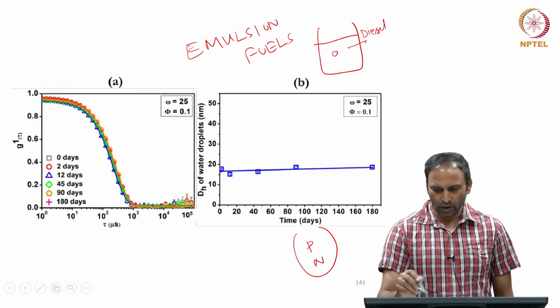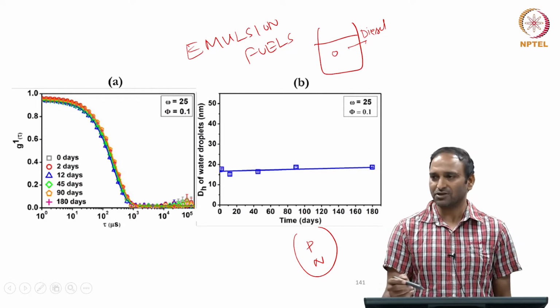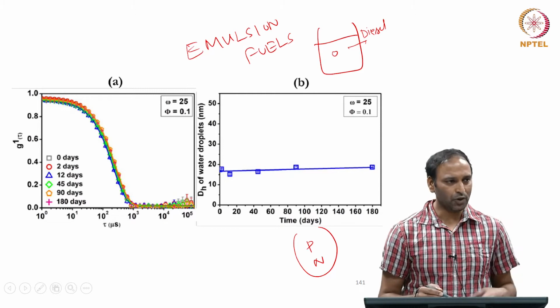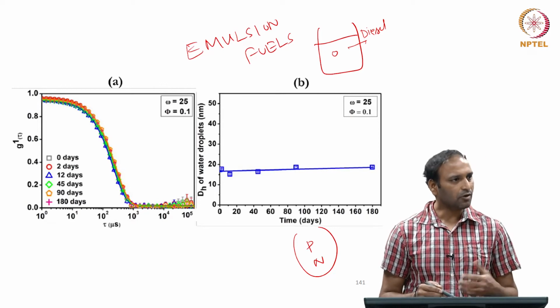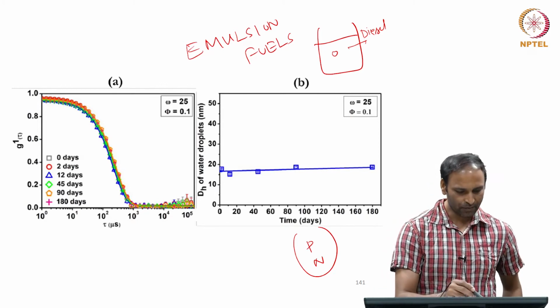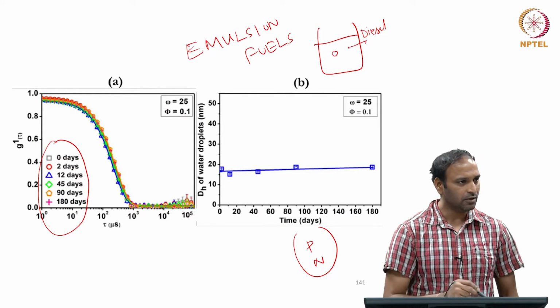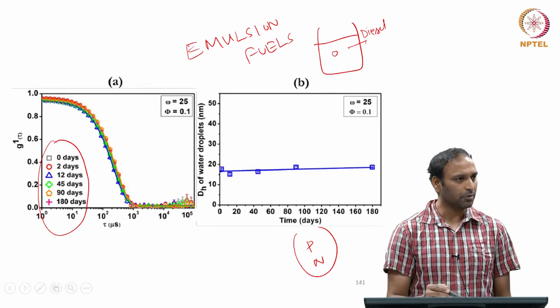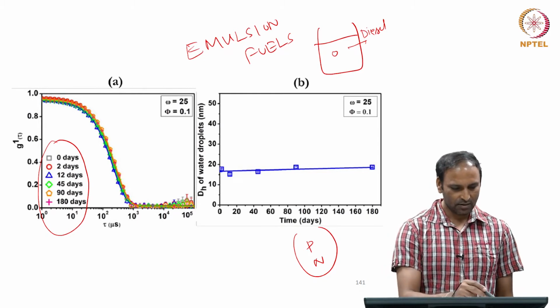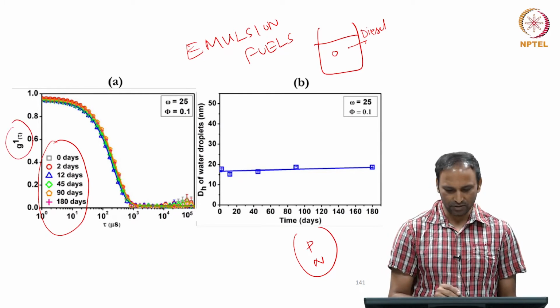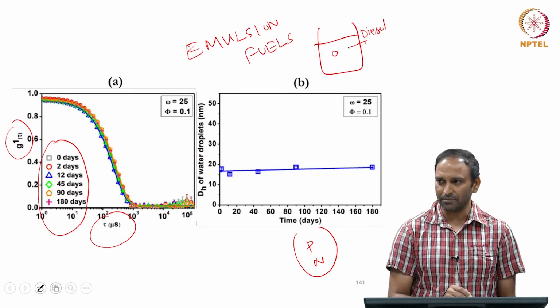Whenever you have an emulsion fuel, you would want the fuel to be stable for a long period of time. So we were trying to look at what happens to the fuel if you store it for a long period, 6 months, and this is the autocorrelation function measured as a function of decay time.